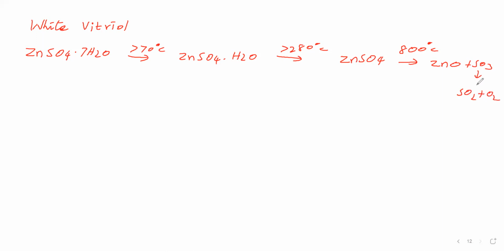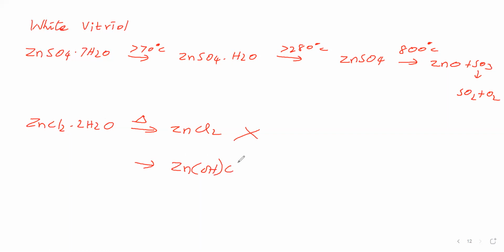Next, we will take hydrated zinc chloride. Hydrated zinc chloride on heating does not give anhydrous zinc chloride. Why? Because the zinc ion undergoes hydrolysis with water molecules to give zinc hydroxychloride.